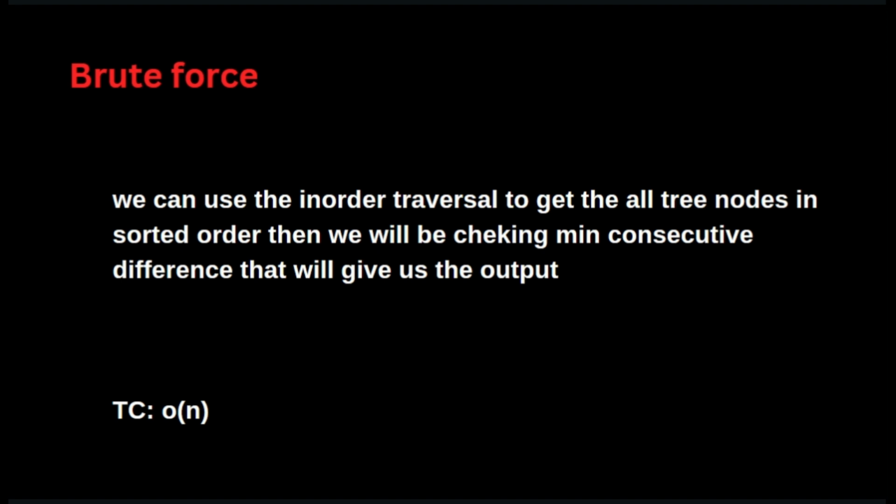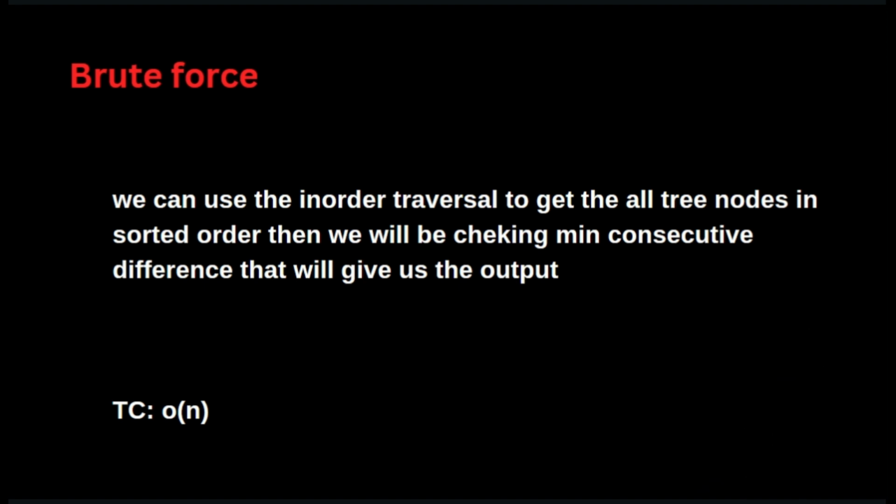Using the in order traversal, we can get all the nodes, and we will check the minimum difference between two consecutive numbers in that in order traversal array. This will be O of n, and we will get the minimum difference, because it will be in sorted order.